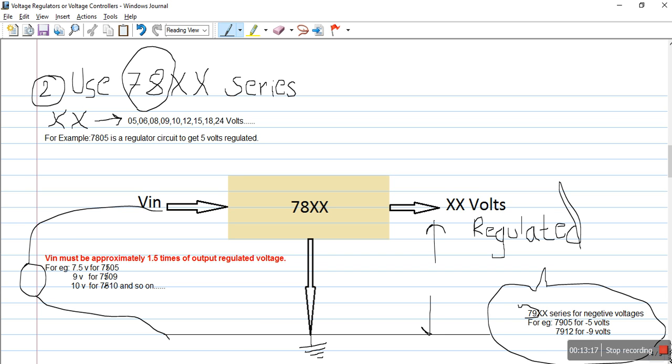Ground would be my common point, the reference for input and output. So I give some voltage at the input side and I get some voltage at the output side that is regulated.